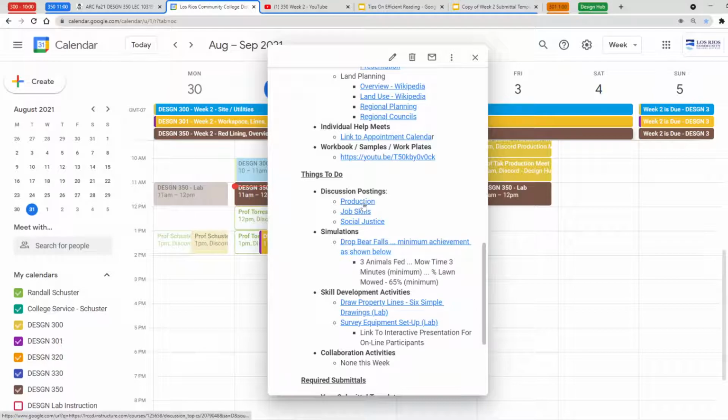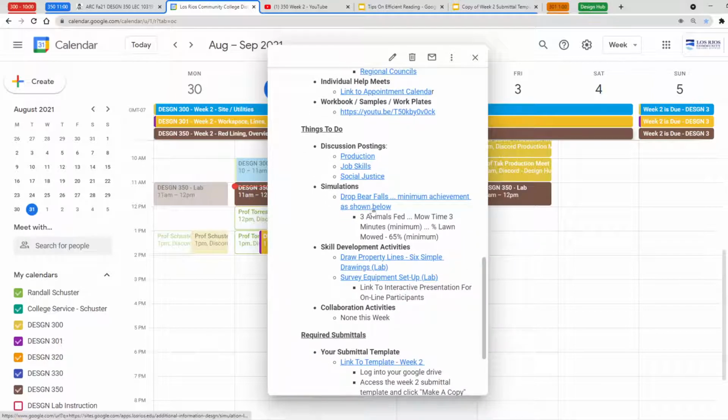Okay, there's some things to do. There's 3 discussion postings, and the social justice one relies on the production one. There is a simulation. We're going to have other simulations later on, but this one actually will feed into land planning. And so I'll show you that one today.